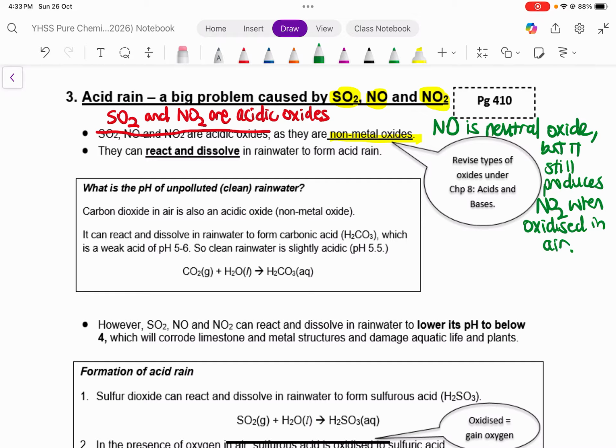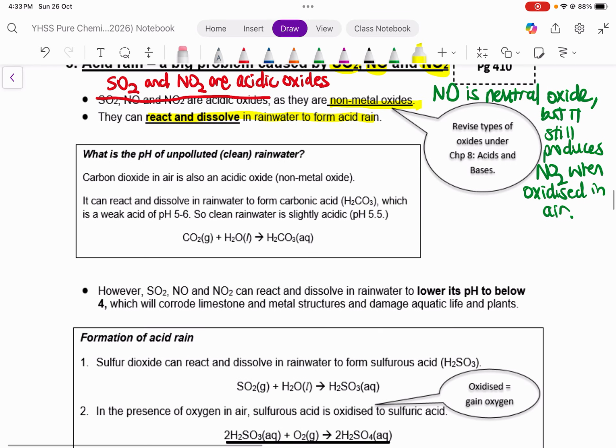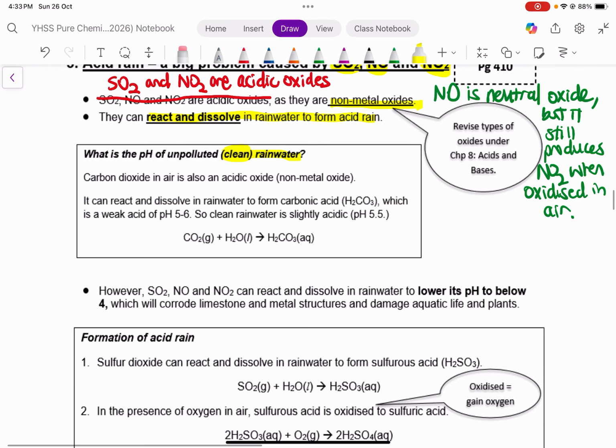Okay? And because SO2 and NO2 are acidic oxides, they can react and dissolve in rainwater to form acid rain. Now, just a bit of trivia. Clean rainwater, if the rainwater is clean, is actually slightly acidic still. The reason is because naturally speaking, there is carbon dioxide in the air, right?